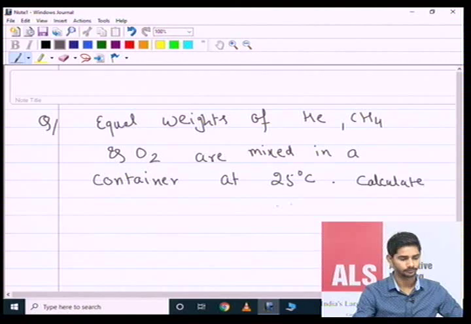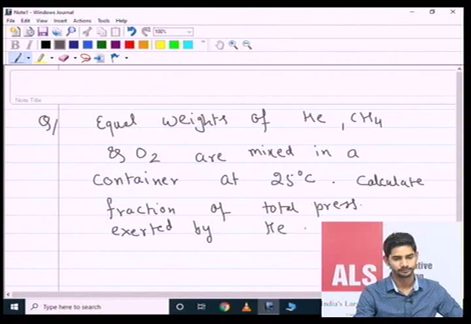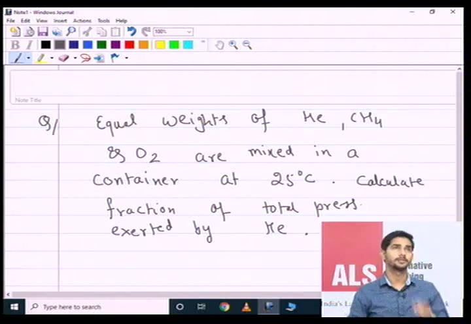Calculate the fraction of total pressure exerted by helium. Attempt this question, guys, and tell me the answer. What could be the possible answer for this one?